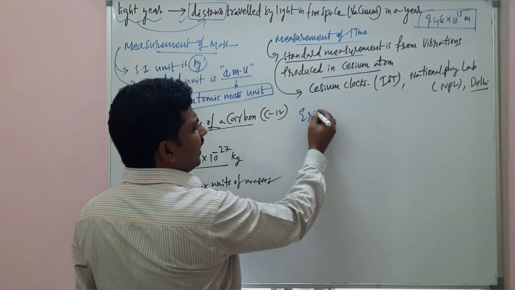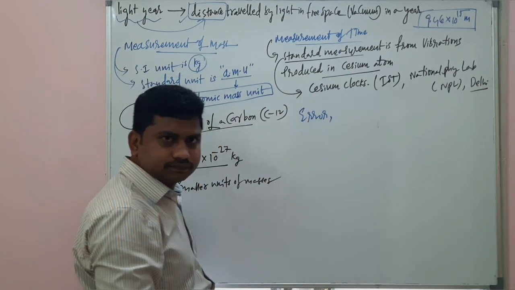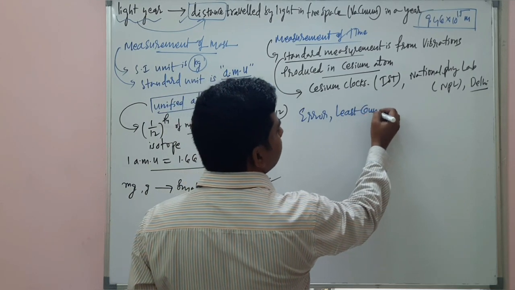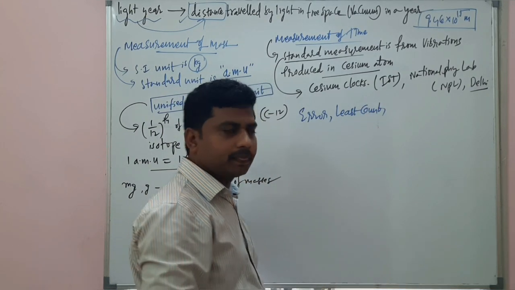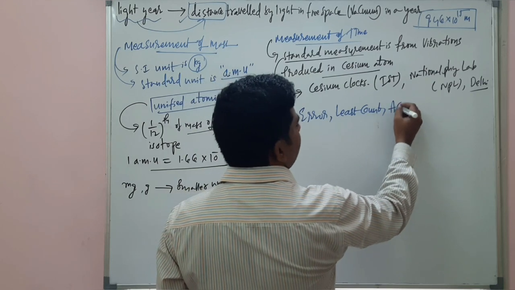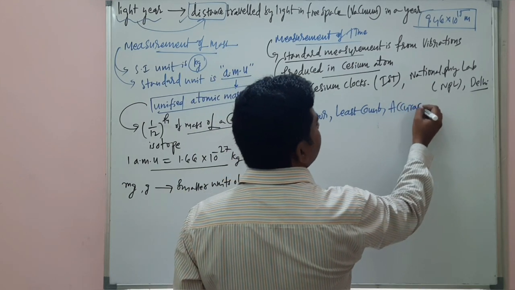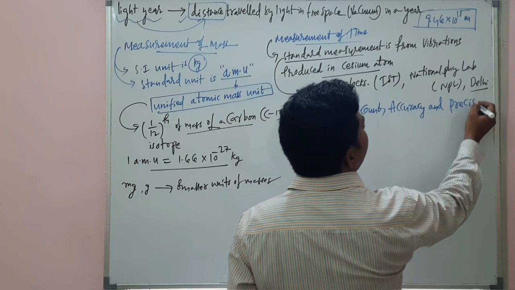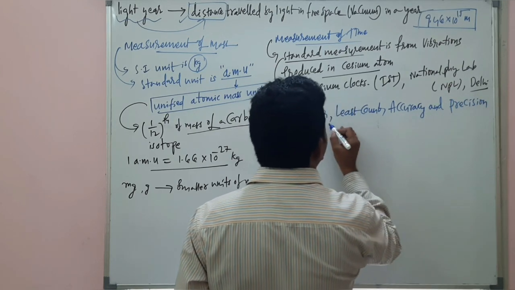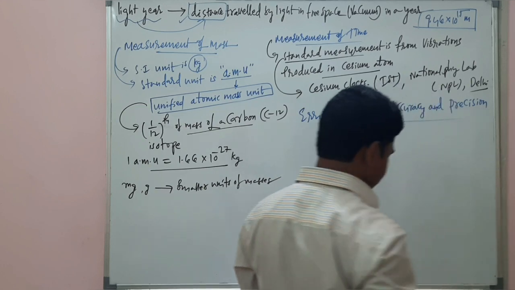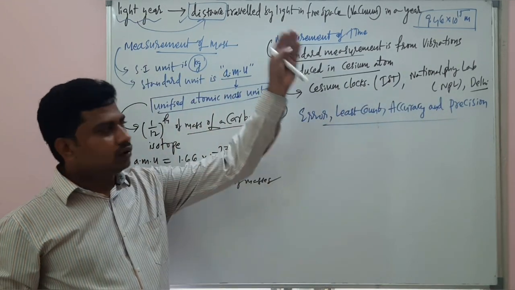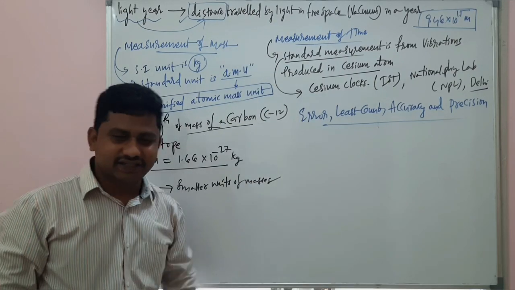What is the error? Least count, accuracy and precision. One by one we will discuss. All four are important terms: error, least count, accuracy and precision.